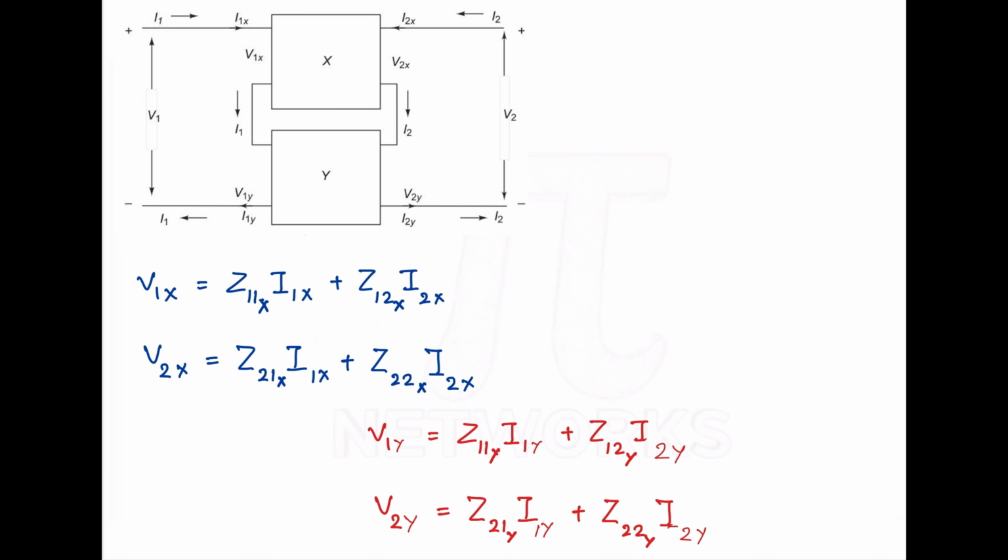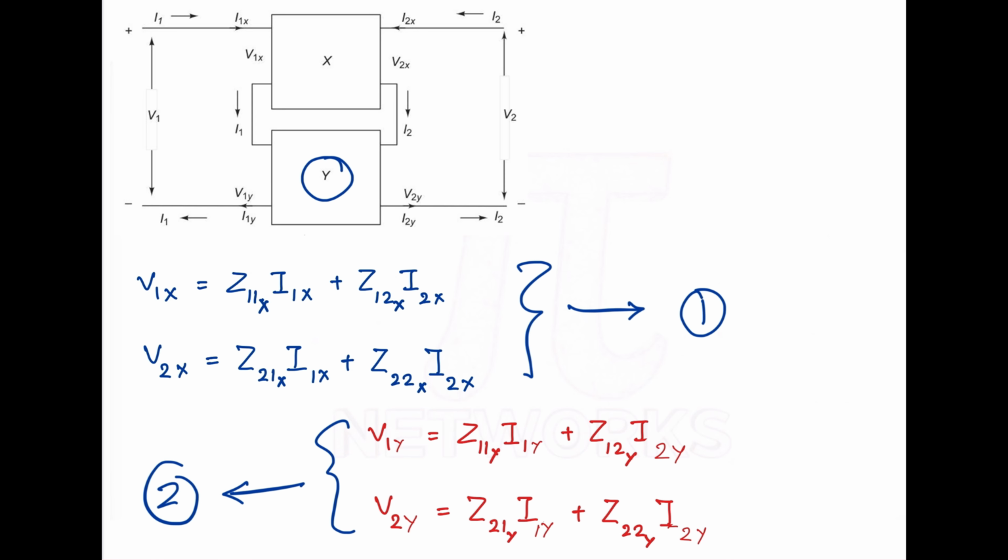Mark this as your first equation. Similarly for Y: V1Y is equal to Z11Y I1Y plus Z12Y I2Y, and V2Y is equal to Z21Y I1Y plus Z22Y I2Y. Mark this as your second equation.